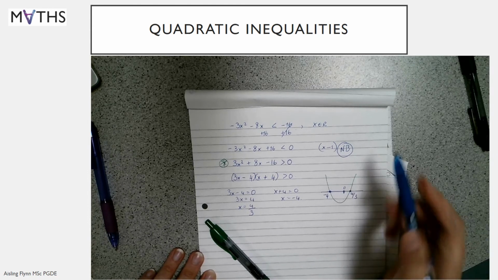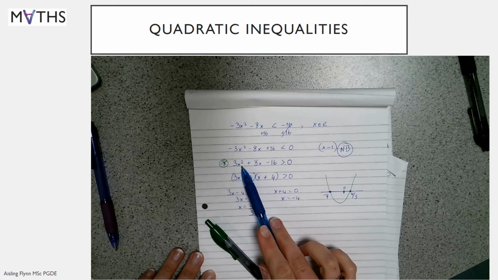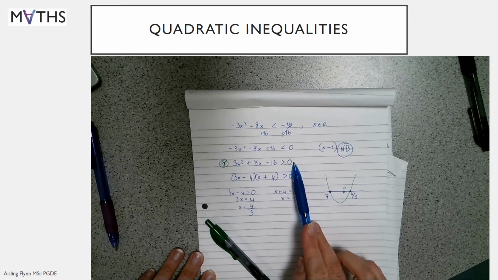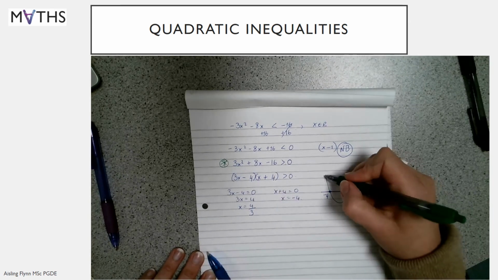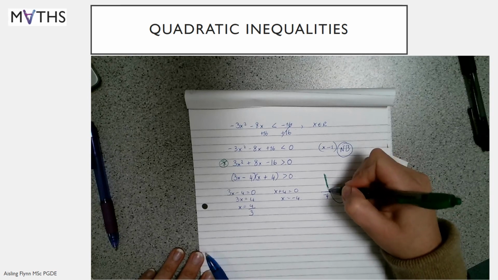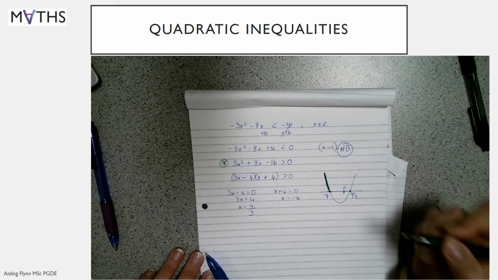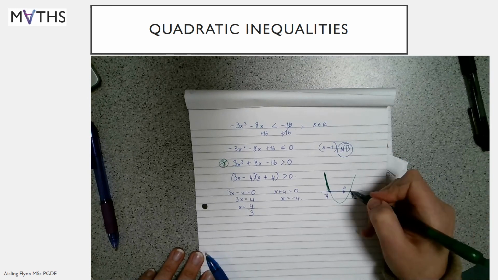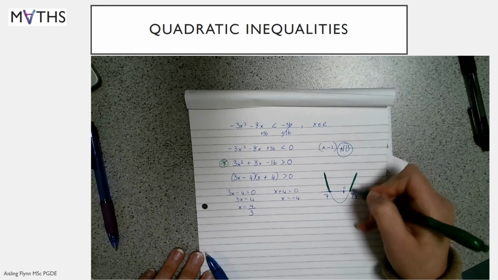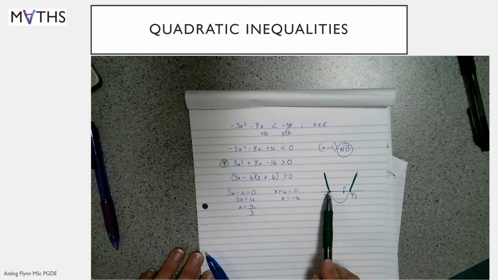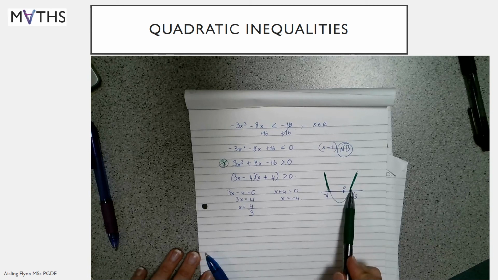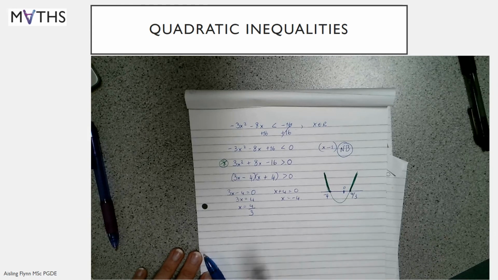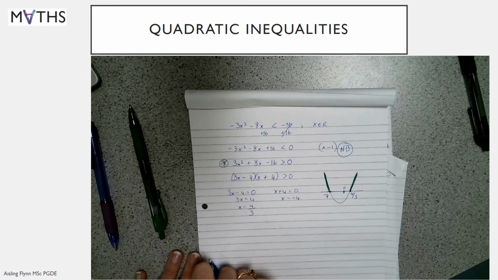Okay, so when was this function greater than 0? It is greater before we get to minus 4, it's above the line, and it's greater after 4 over 3, it's above the line. So on the picture, these are two separate areas of the graph, so we have to write them as such. We'll have two separate answers to give.